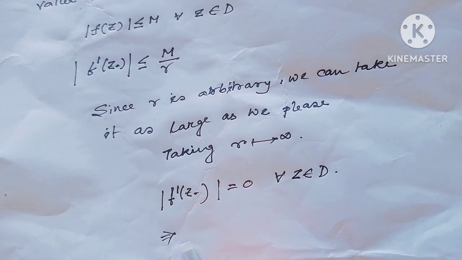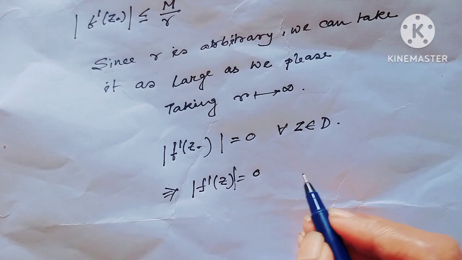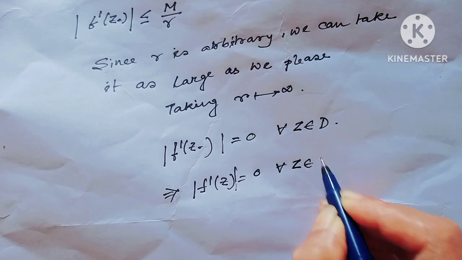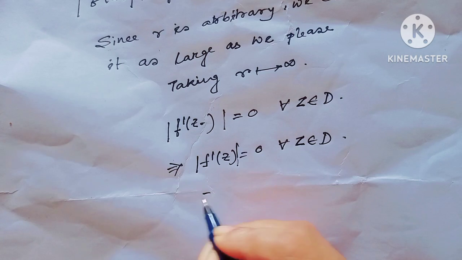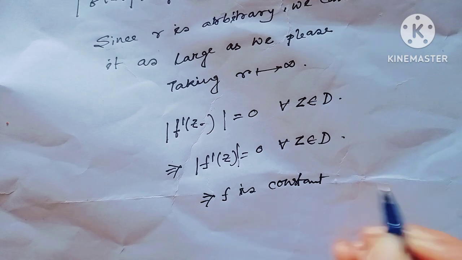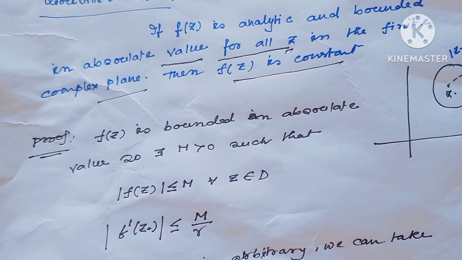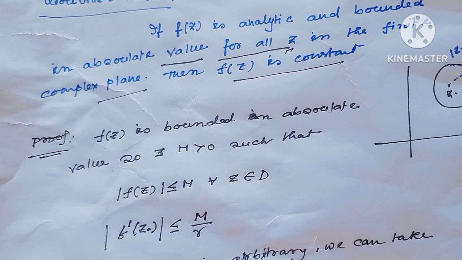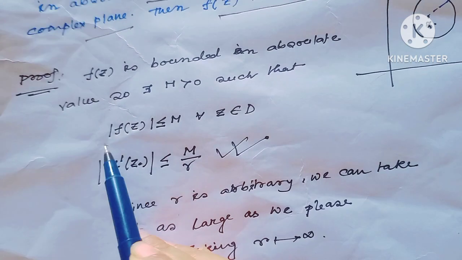That implies f prime z equals 0, and this is true for all z belonging to D. Since the absolute value of f prime z equals 0 for all z in the domain, that implies the function f is constant in the domain D. I hope all my viewers have understood Liouville's theorem. Since f is analytic, I used Cauchy's estimate, and for boundedness we can tell this.